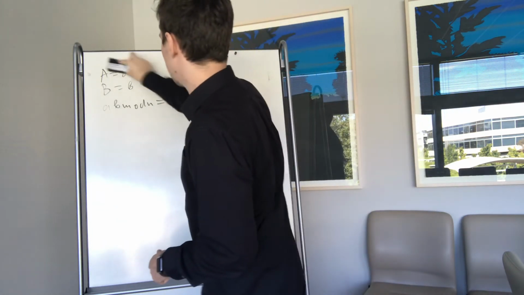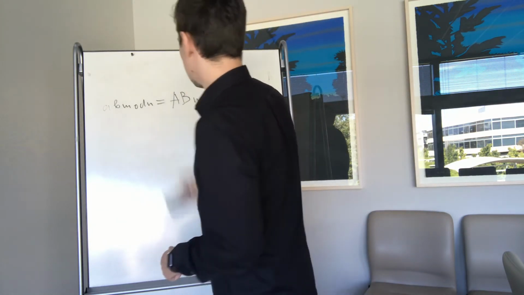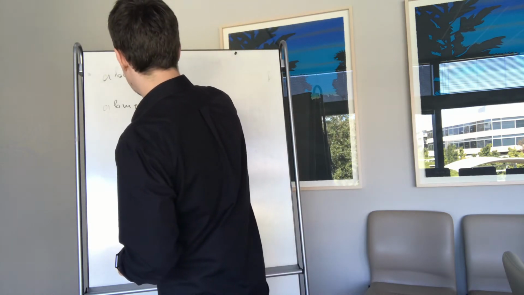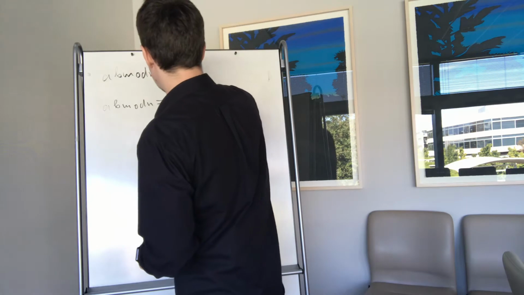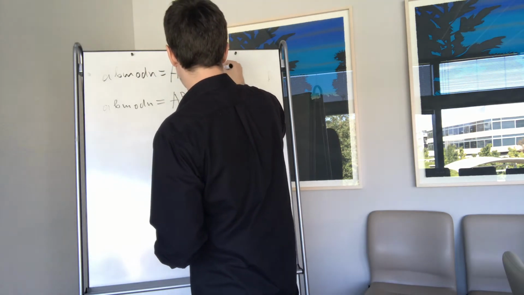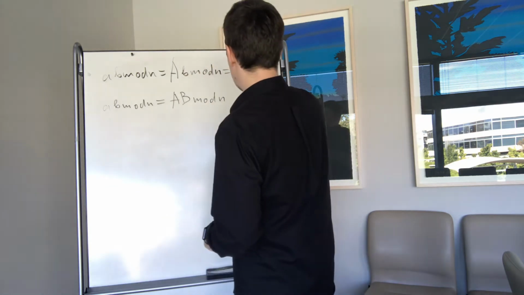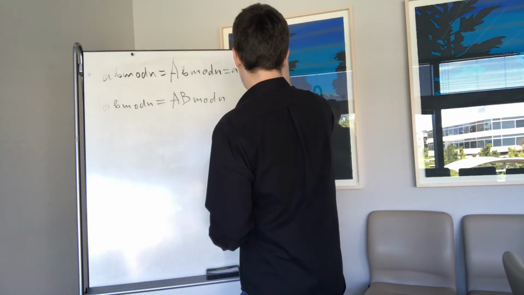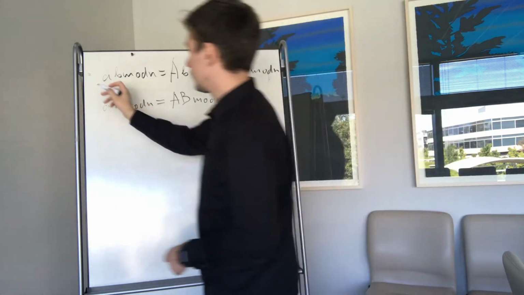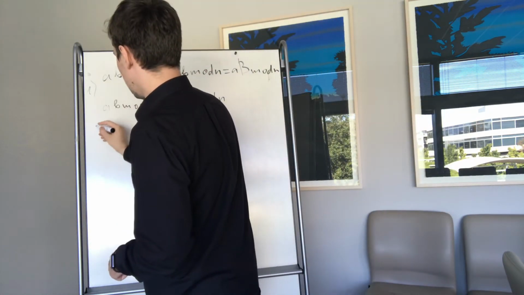Actually, it's easy to prove that (a mod N)(b mod N) mod N equals ab mod N. This is the first.